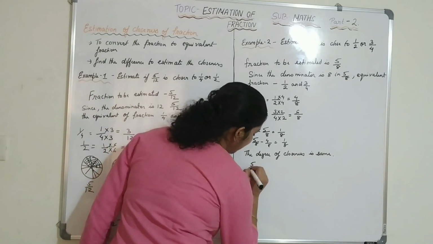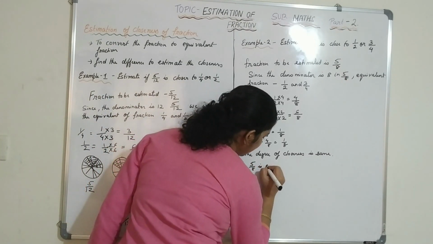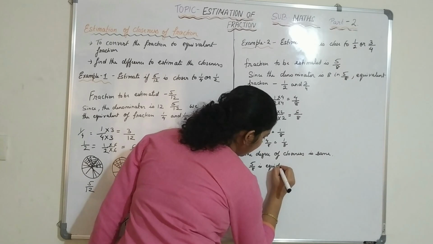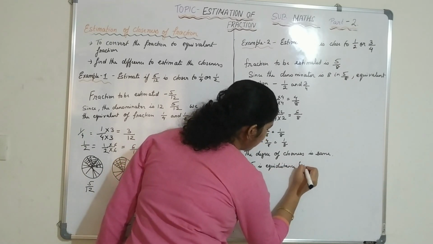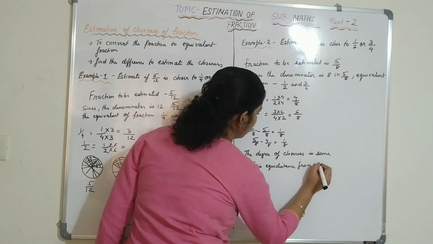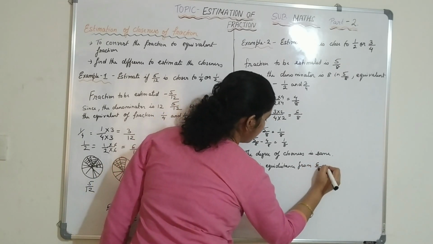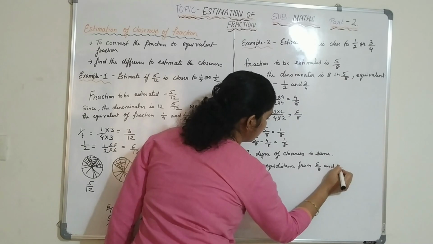So 5 by 8 is equidistant from 6 by 8 and 4 by 8.